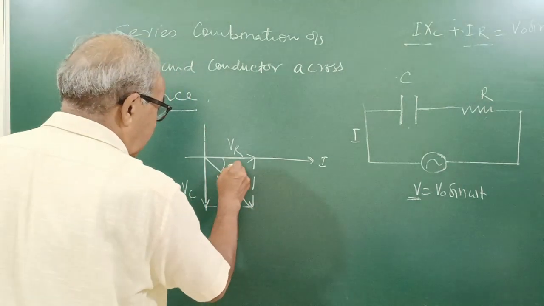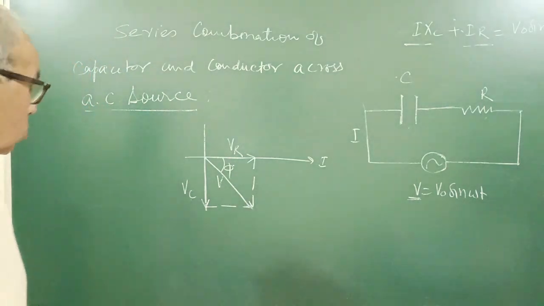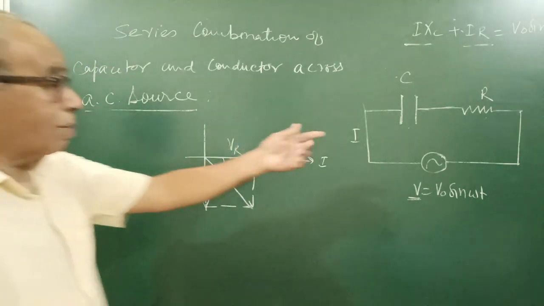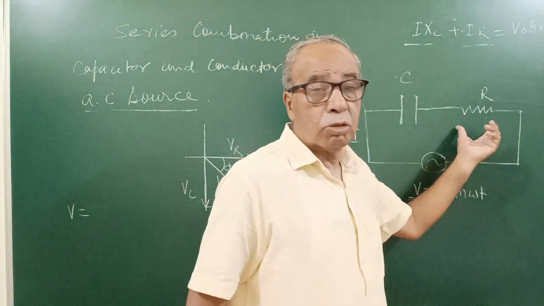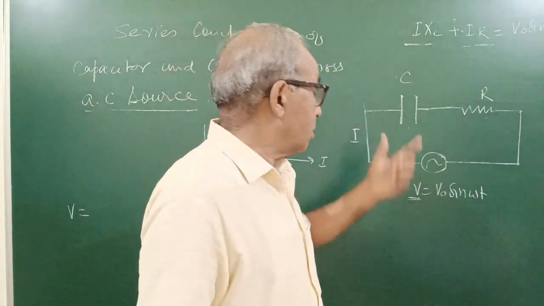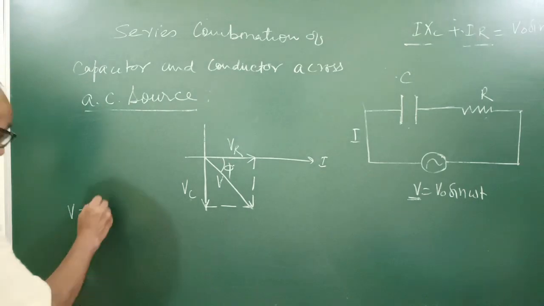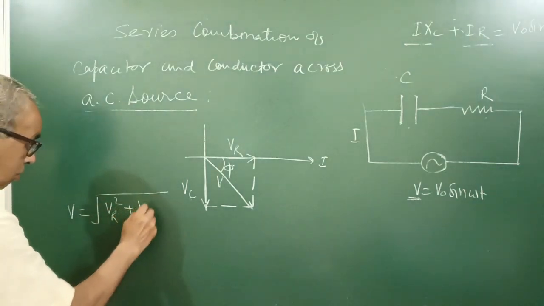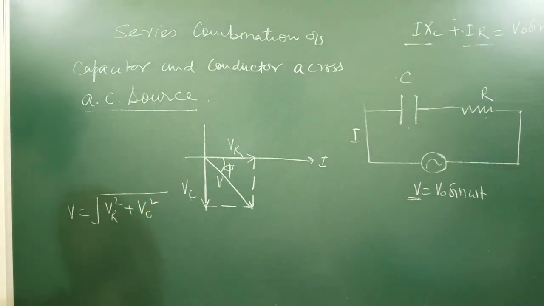So the resultant voltage, the vector sum of the RMS voltages across the resistor and capacitor, is given by under root VR square plus VC square.